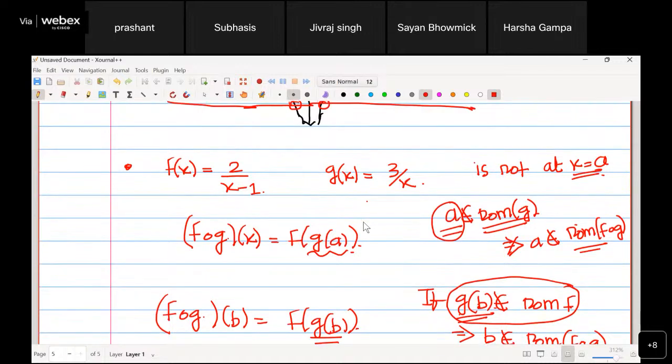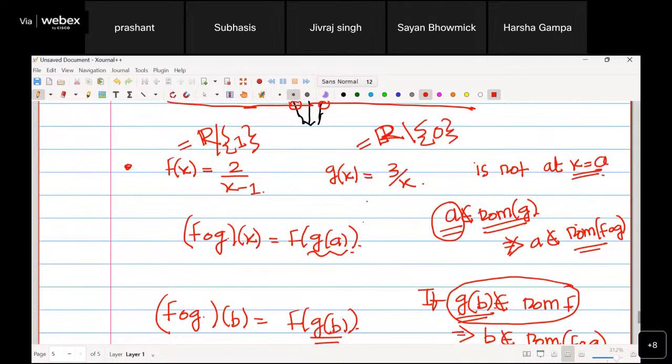What is the domain of f? The domain of f is all real numbers, x is not equal to 1. And what is the domain of g? x should not be equal to 0.